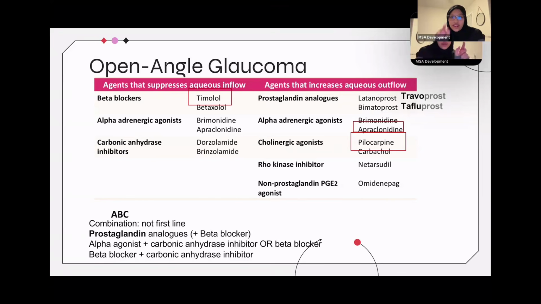So alpha 2 inhibits its own nerve production or signal, so that is inhibiting, a blocker. So for alpha agonists, just remember that they work by blocking the production.